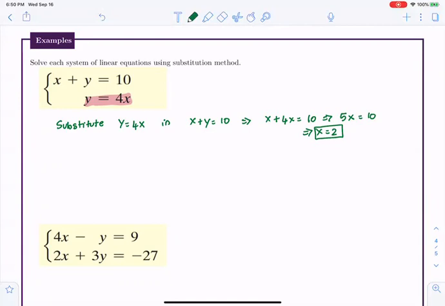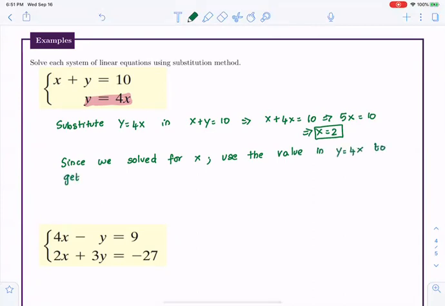Now that we know x is 2, we plug in that value of x in the equation that we used to get the solution for y.